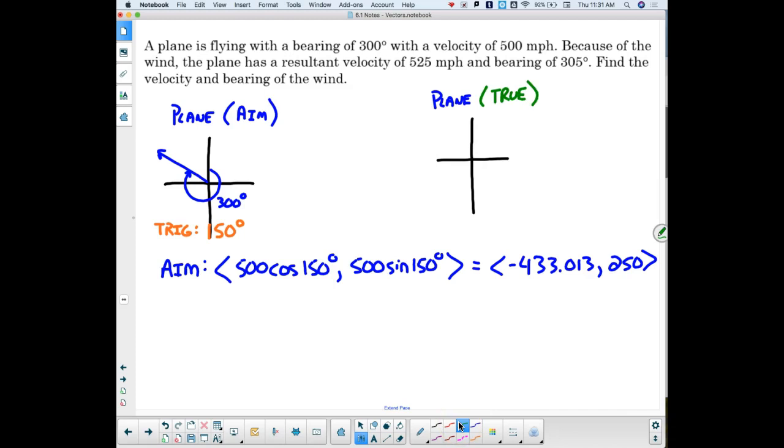But truly, the plane is flying with a velocity of 525 miles per hour and a bearing of 305 degrees, which makes this a trig angle of how much? 145.